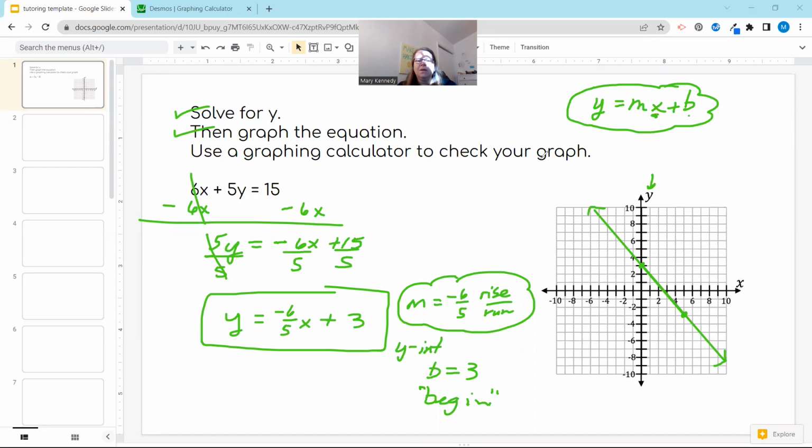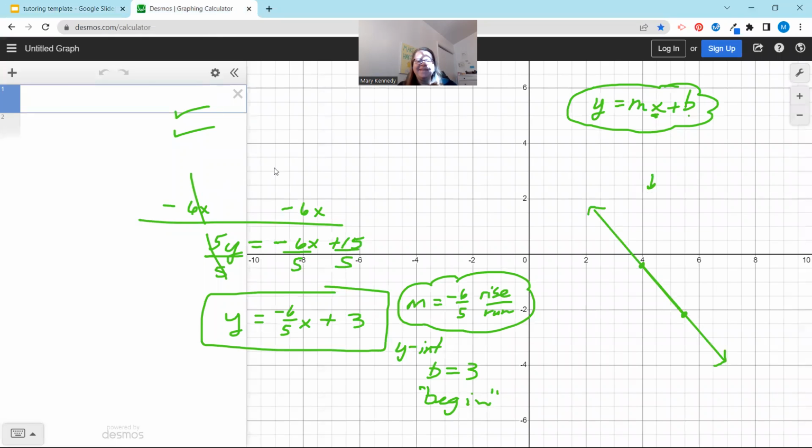Use a graphing calculator to check your graph. Okay, so let's go over to, it's going to show up here. Oh, it'll be okay. Let me type it in on this. 6x plus 5y equals 15.